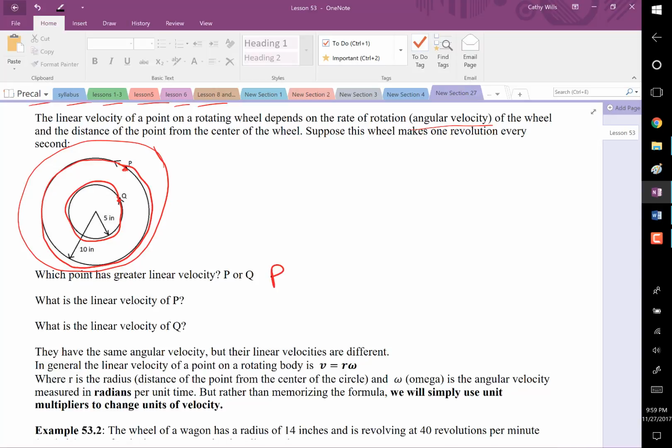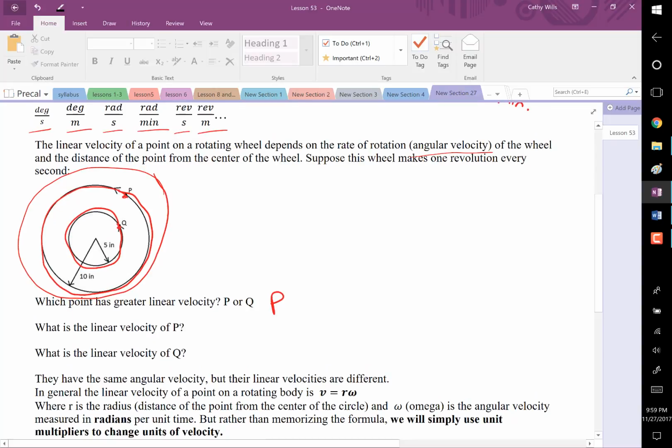So the linear velocity of P, if you think about it, suppose the wheel makes 1 revolution per second. Well, how far does P go in 1 second? Well, P is on the circle whose radius is 10. That means that P goes 2 pi r, that's the circumference.